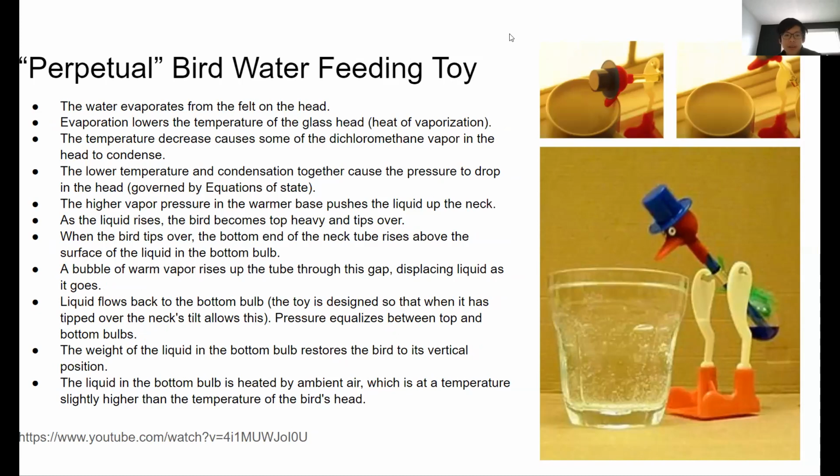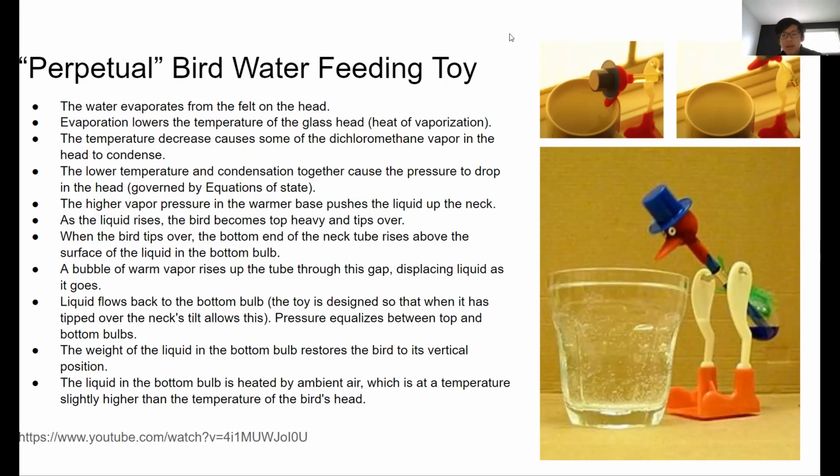It's because water keeps vaporizing from the cup, and when it vaporizes, it will cool down the temperature in the bird's head. As you know, when water turns into gas, it needs more energy, and that comes from the lowering temperature in the bird's head.